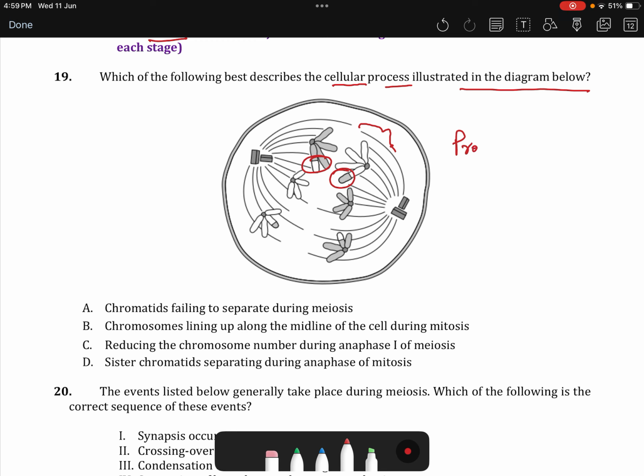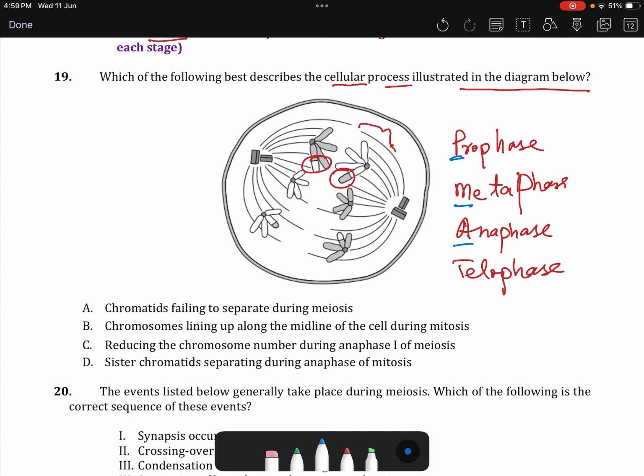So what are the stages? PMAT, right? Prophase, metaphase, anaphase, and the last one is telophase. That's called PMAT. P-M-A-T.